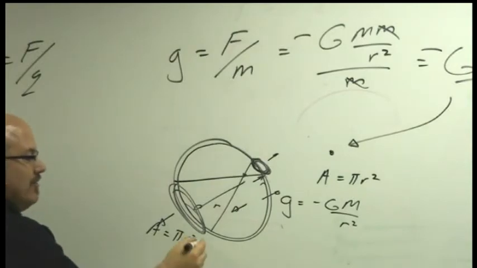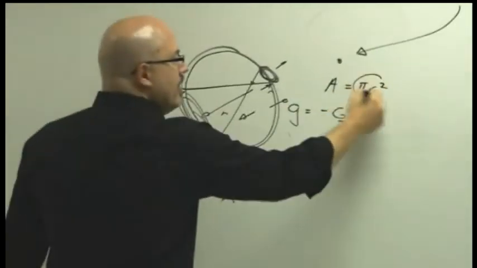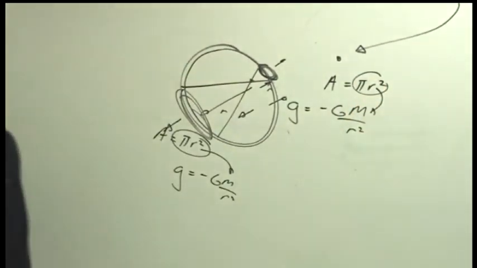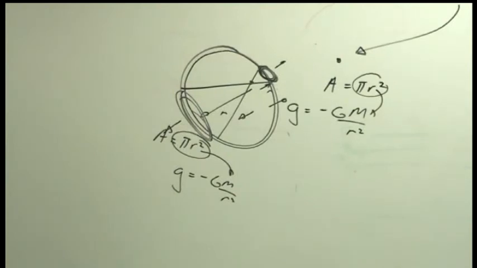But the mass is related to pi r squared. Notice that the r squareds cancel out. So the gravitational fields are exactly the same. So if you were inside a basketball planet, you would weigh nothing.